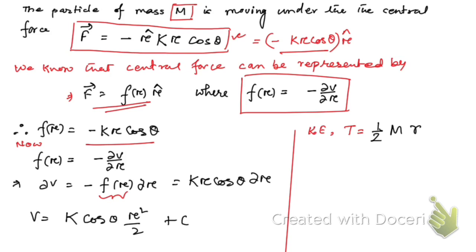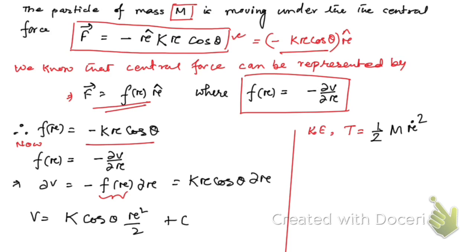Velocity will be given by derivative of r, so r dot, which means dr dt, gives the velocity along the radius, square.